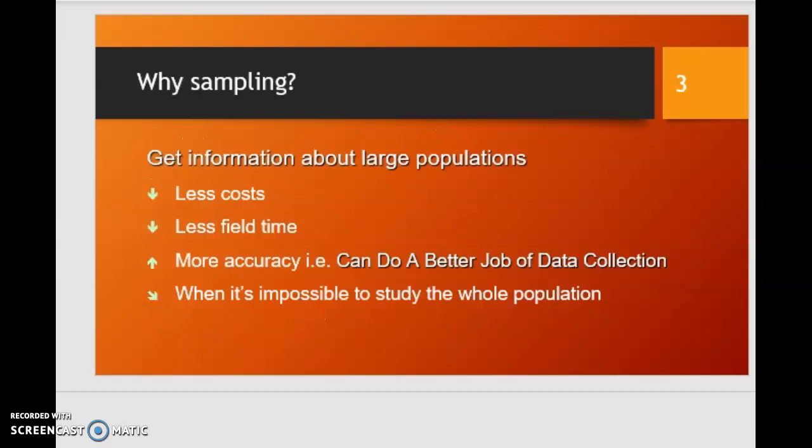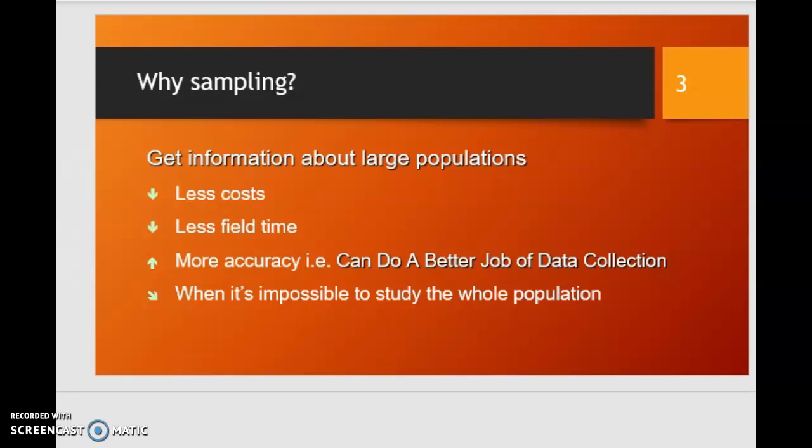And so that brings us to the question of why do we do sampling? Why don't we just use the entire population that we want to study? In some instances, using the entire population is feasible. That is when we have a much smaller population size.